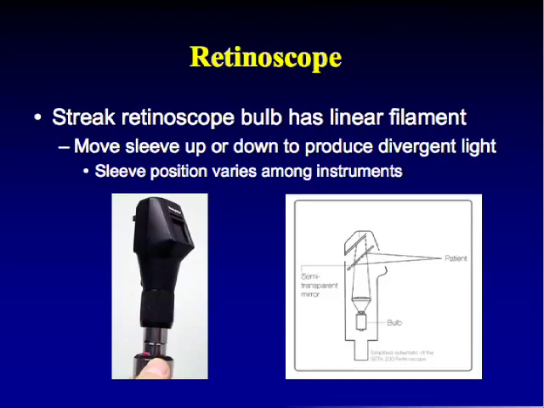The Retinoscope, what I want to mention about that is that it has a linear filament that produces, for the most part, divergent light. Now, the sleeve position can create convergent light, but it's only in special circumstances that you want convergent light going into the eye for retinoscopy. It should be divergent light most of the time.